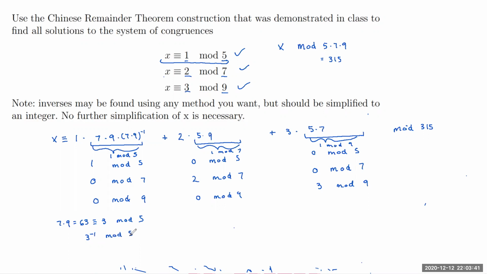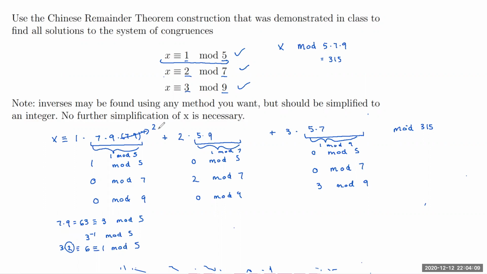You can use the Euclidean algorithm if you want, but 3 times 1 is 3, 3 times 2 is 6, and 6 is equivalent to 1 mod 5. So we know the inverse of 3 is going to be 2. So this number becomes 2.